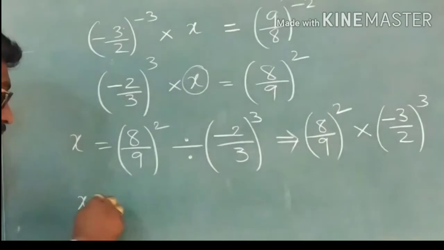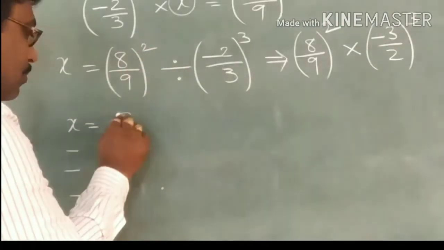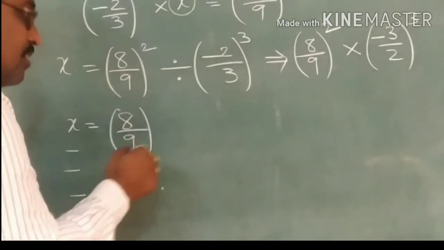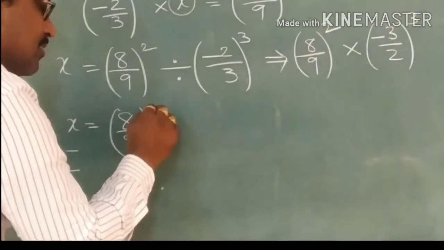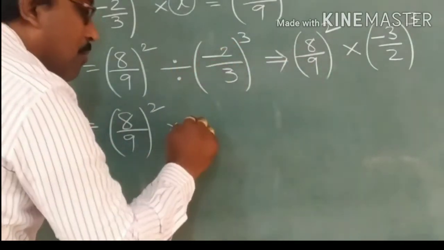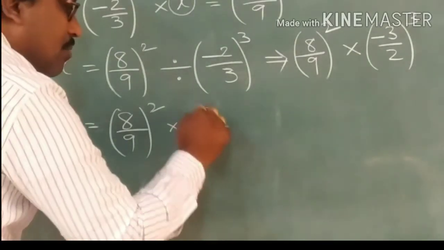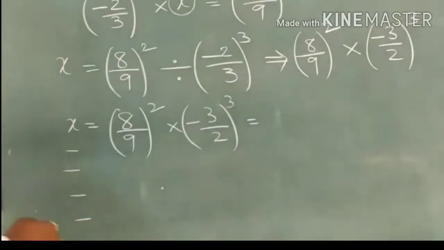Now, x is equal to, what is there? x is equal to 8 by 9 whole square into minus 3 by 2 whole cube.